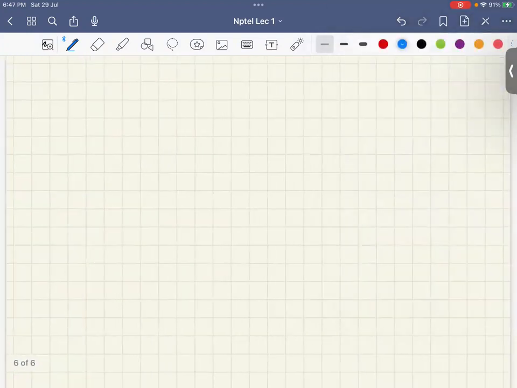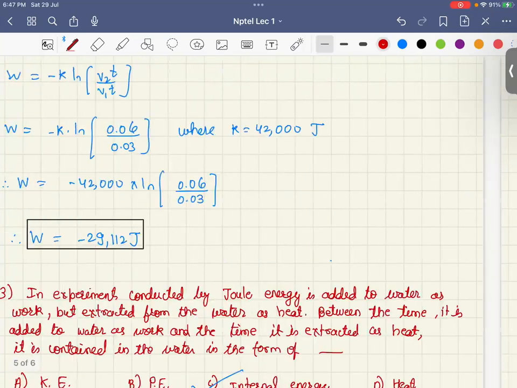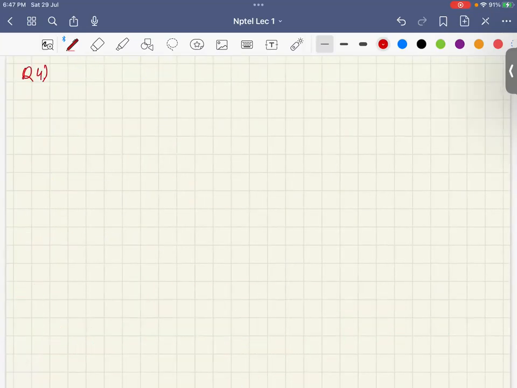So the next question, number 4. Again it's related to the experiment conducted by Joule.